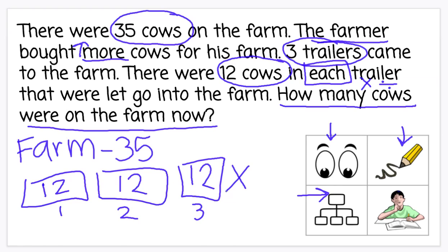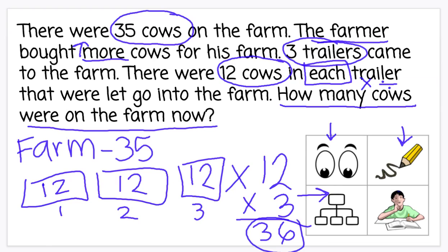So I'm going to multiply 12 times 3 to figure out how many cows were brought to the farm. I know that 3 times 2 is 6, and 3 times 1 is 3. So 36 more cows joined my farm. Now let's see.